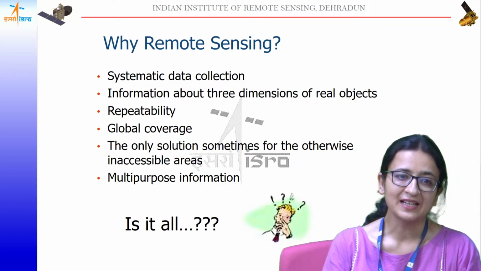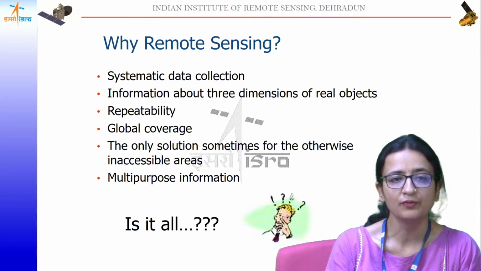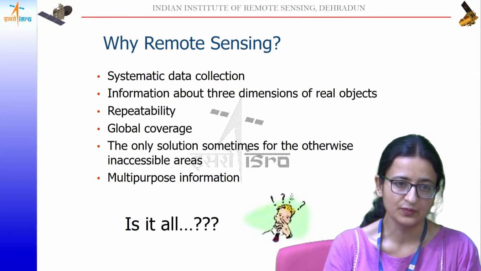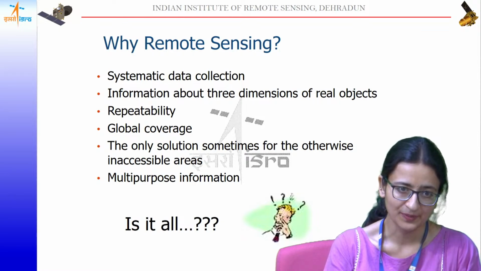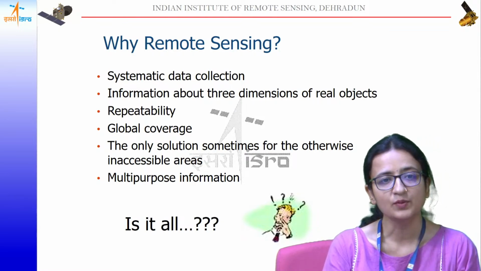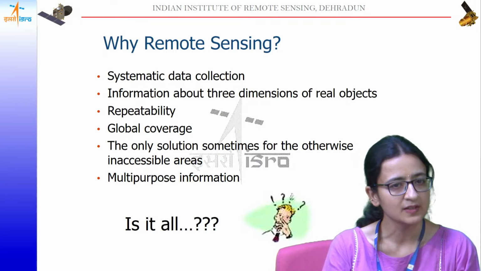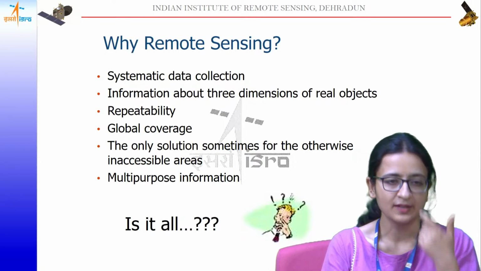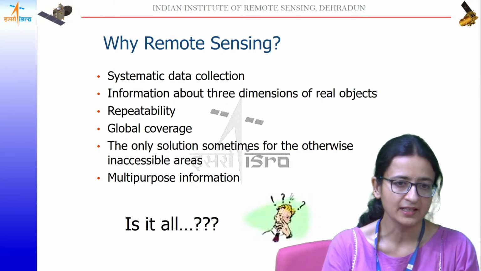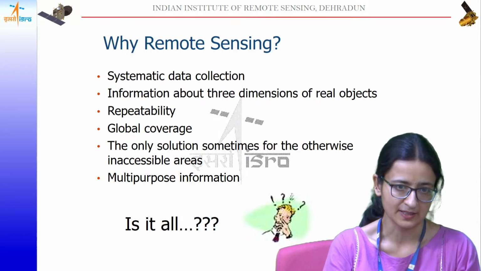In order to calibrate the instruments before sending them on board, they have to be first calibrated with respect to the ground targets or field measurements. So, for calibration, as well as once the data is achieved by a remote sensing instrument, it has to be analyzed and assessed for its accuracy with respect to field measurements.